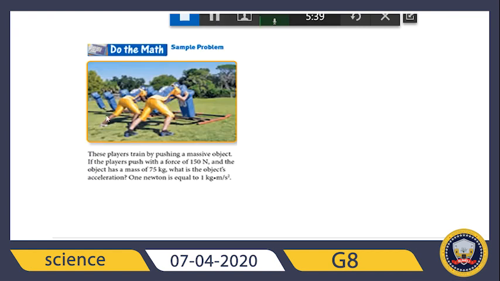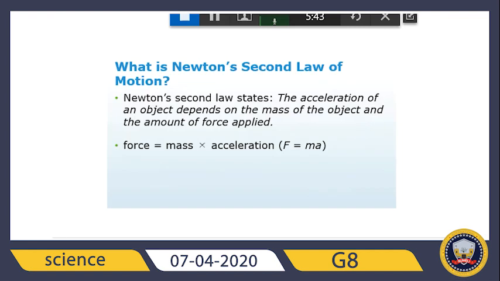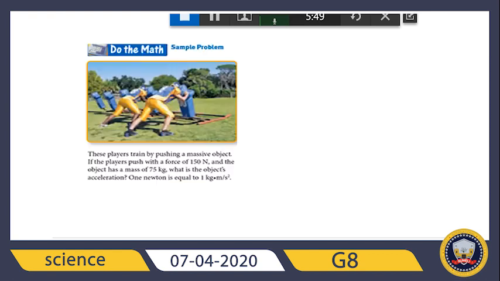So guys, let us now try to answer this question by applying Newton's second law of motion. The question says, these players train by pushing a massive object. If the players push with a force of 150 Newton and the object has a mass of 75 kilogram, what is the object's acceleration?